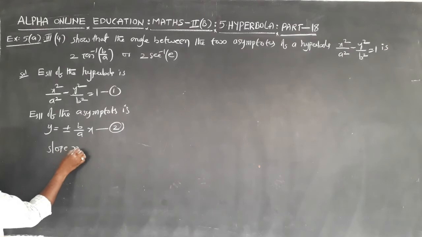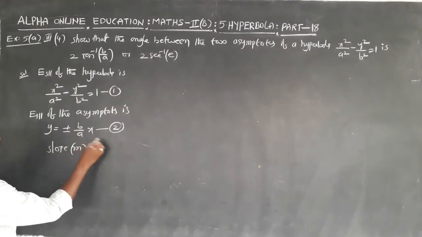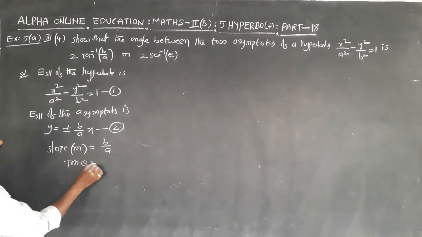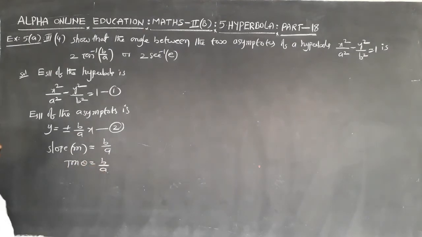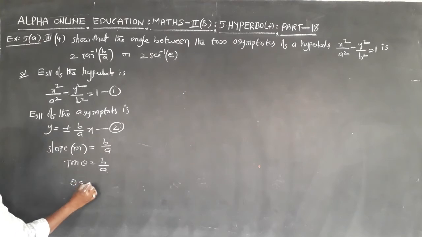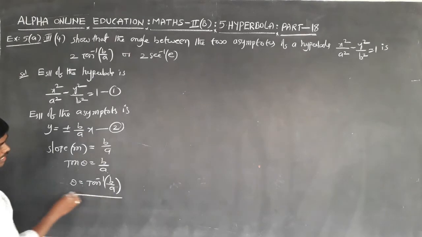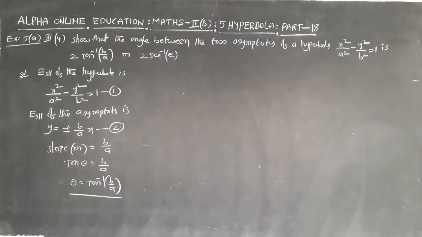Here slope m is equal to b by a. Slope m means tan theta is equal to b by a. Tan theta equal to b by a means theta is equal to tan inverse of b by a.